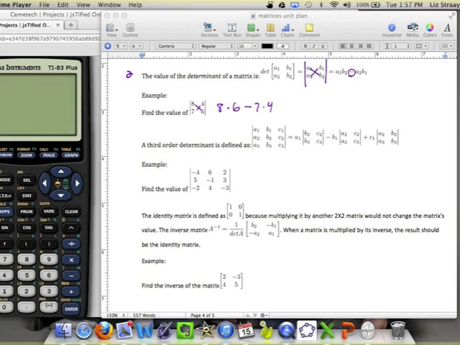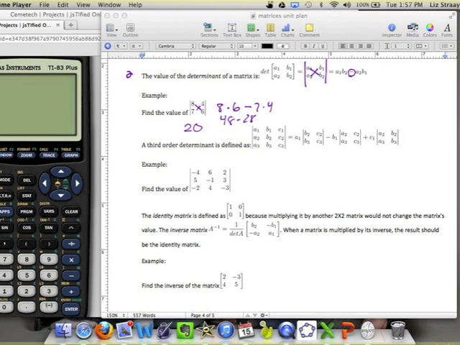So I get 48 minus 28. The determinant of that matrix is 20. Okay, so not too bad for a 2 by 2. That's not a terrible process to do by hand. The calculator will do it, and I'll show you how. But on a 2 by 2, it's not that bad.